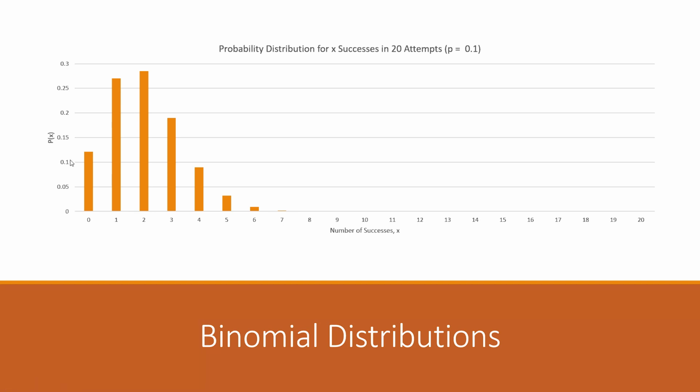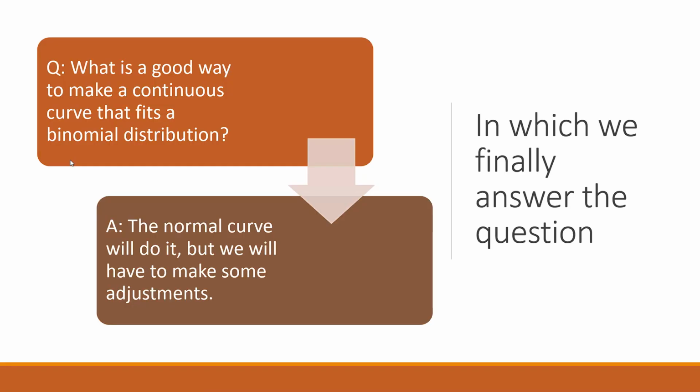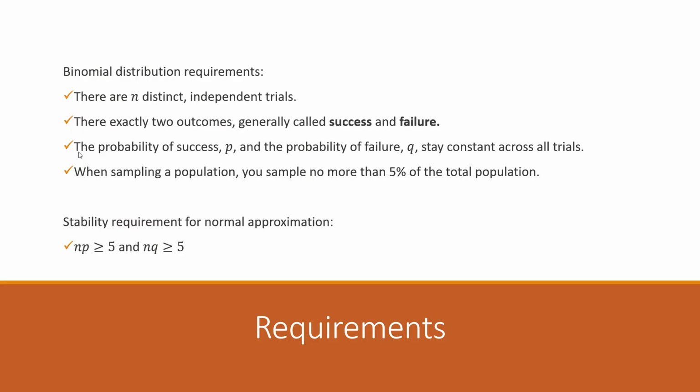But now it's time for us to assess how accurate the normal distribution actually measures a binomial distribution. So now we will finally answer the question, is it a good fit? Is the normal curve a good fit for a discrete binomial distribution?